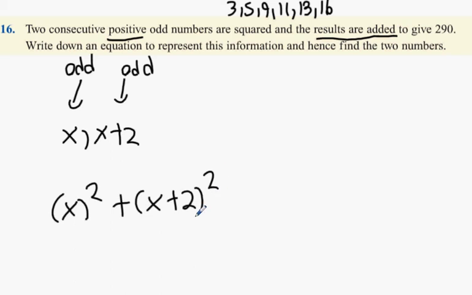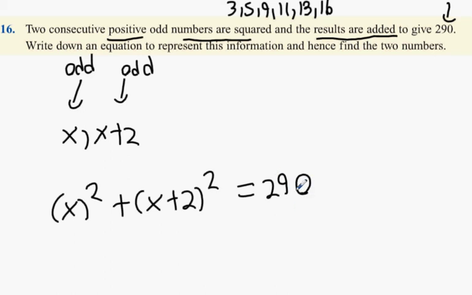Does that make sense? With the language? Square them and add the results together, and it should equal what? Equal what, guys? No, when I add them together, what does it equal? Over here, 290.